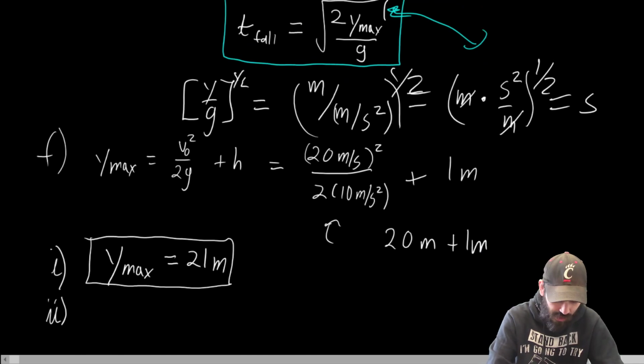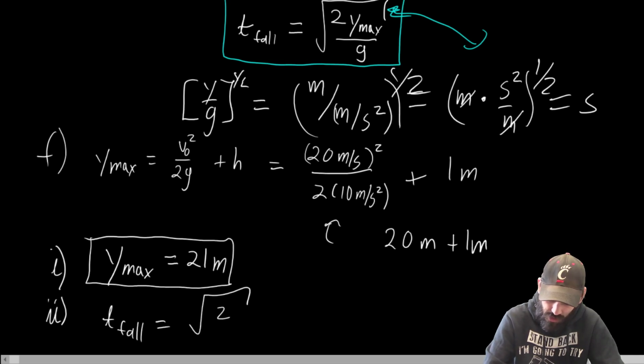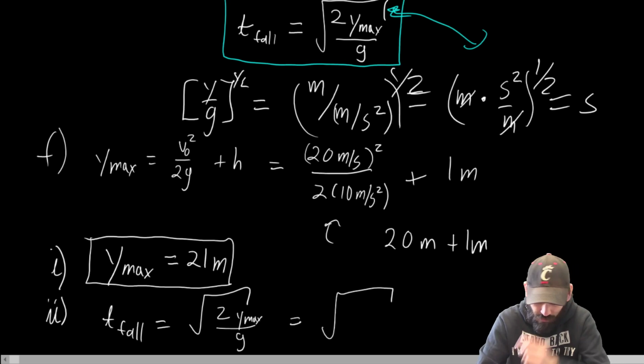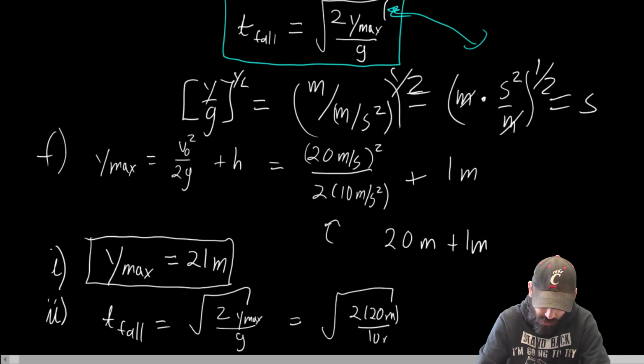I already set this up, so t fall is going to be equal to the square root of 2 times y max divided by g. And again, for the sake of doing an approximation, this is going to be the square root of 2 times 20 meters divided by 10 meters.